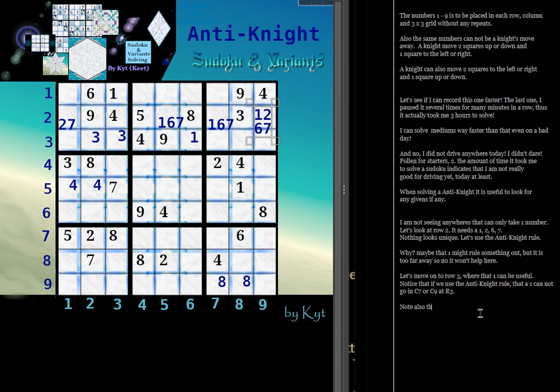Note also that a 1 cannot be placed in columns 1 through 3 on row 3.